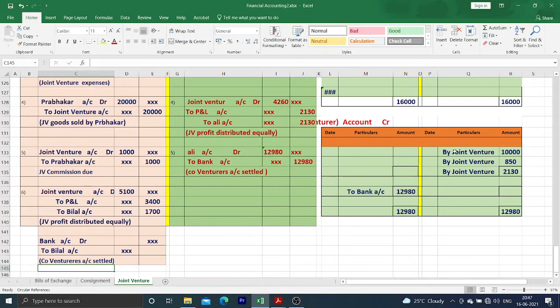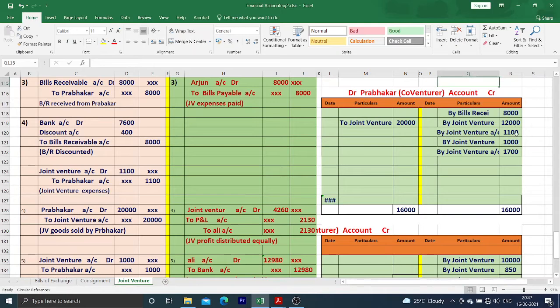But we have to write the last entry. Total amount 20,000, 21, 22,100, 23,800. To bank 3,008.